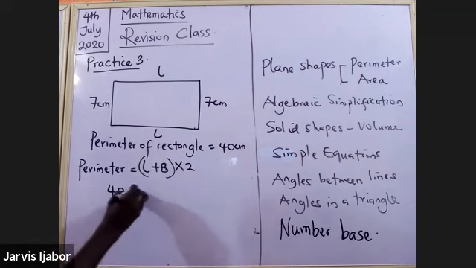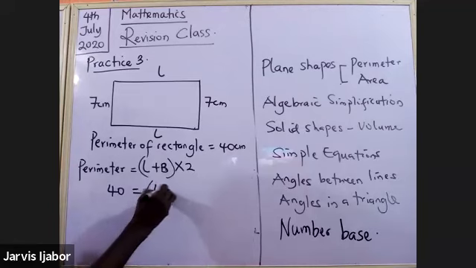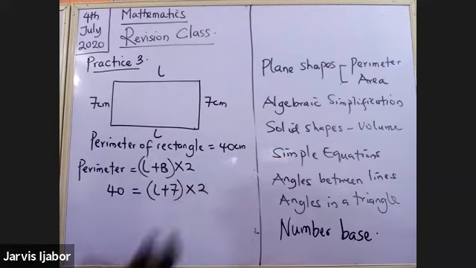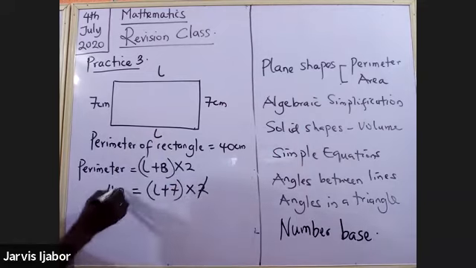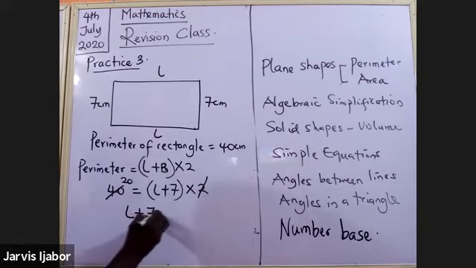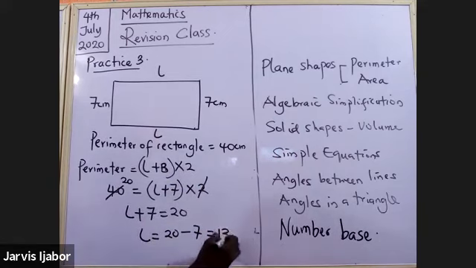That will be 40 equal to L plus 7 times 2. I will divide both sides by 2. I'll get 20 here. Meaning that the length plus 7 will be equal to 20. L will now be 20 minus 7, and that is 13 cm. So the length of the rectangle will be 13 cm.